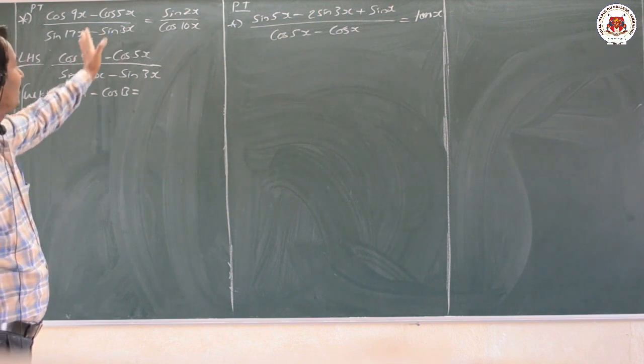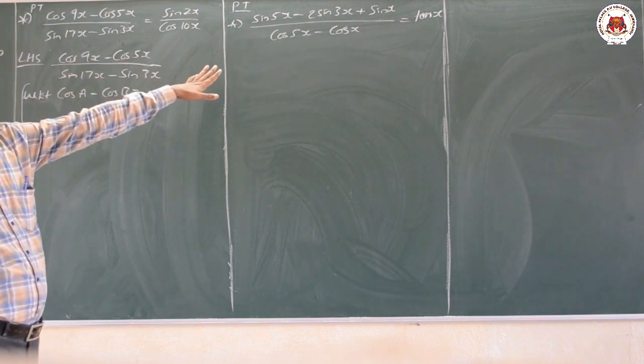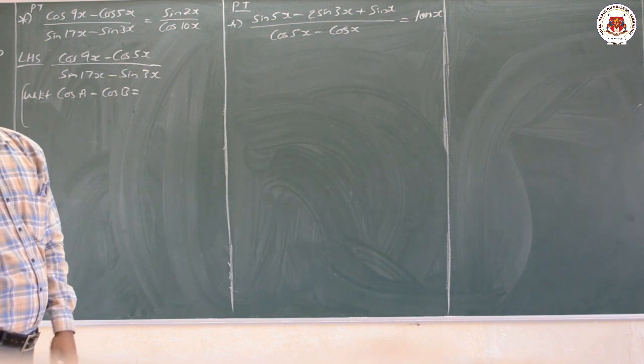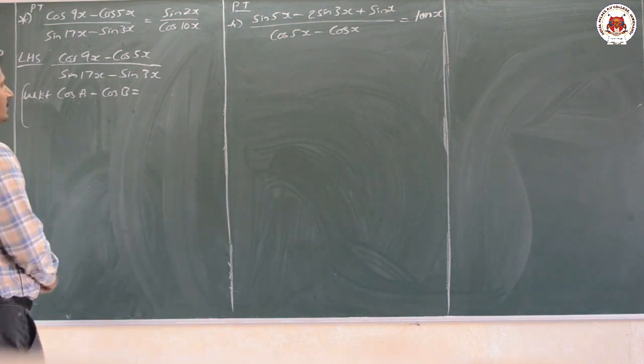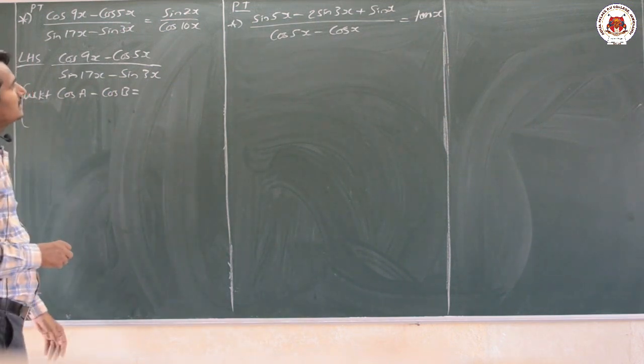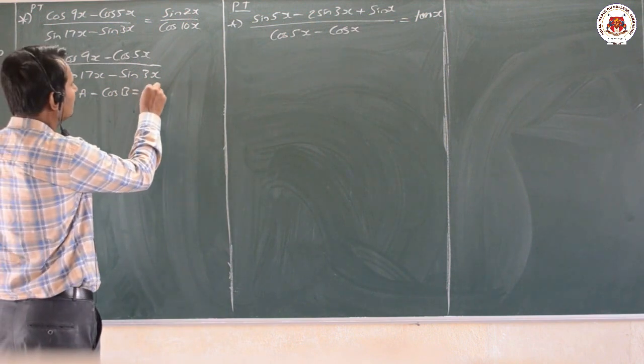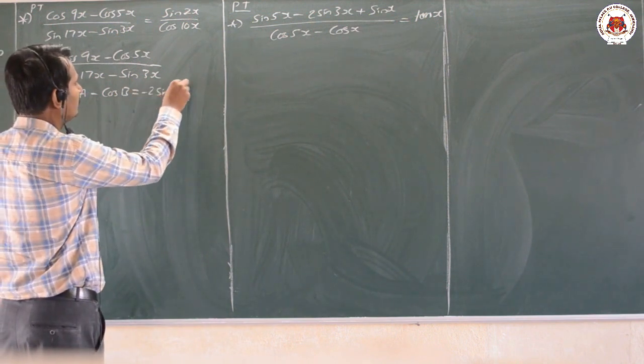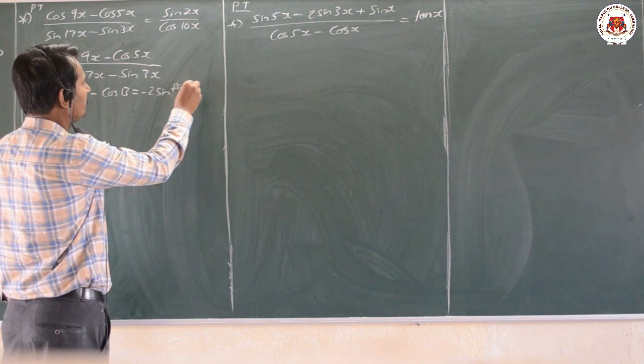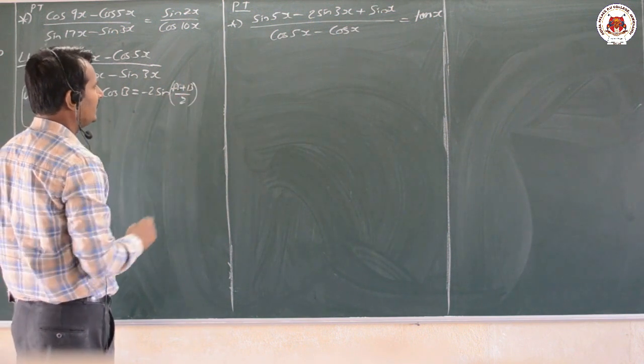Because in the problems, wherever you are finding, we are having x and y. So now cos A minus cos B, what is the formula? That is minus 2 sin of A plus B by 2 into sin A minus B by 2.